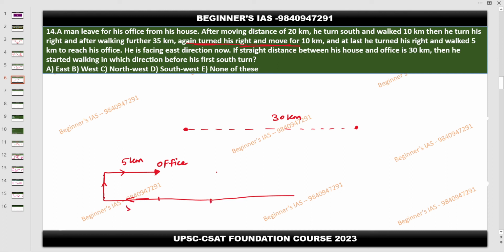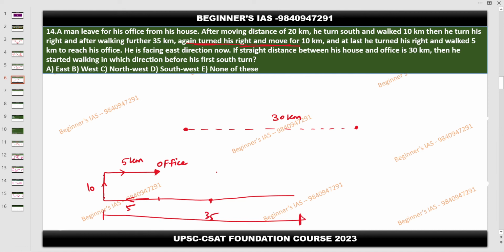So this is 5, this is 5, so totally 10. Fine. Now, this is going to be the 35. So here 5, then the total is 35. Yes, correct. The total is 35.